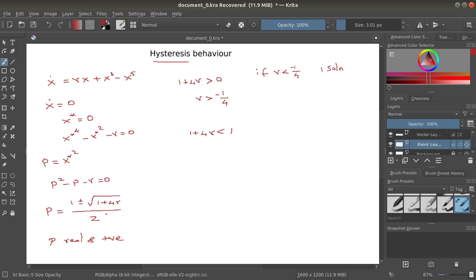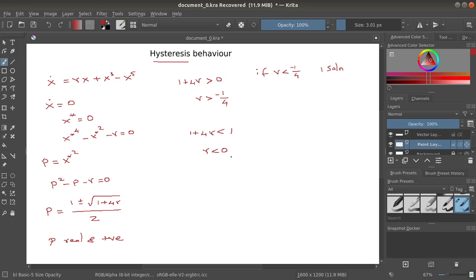If this has to be true, then what is the condition on the r value? r has to be negative. Only then is the p value positive.